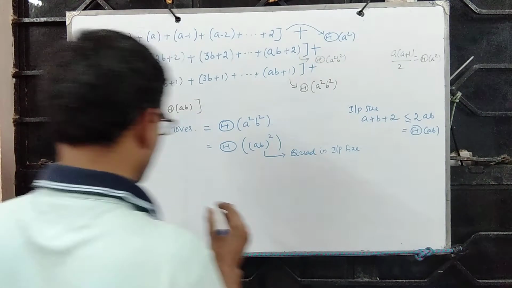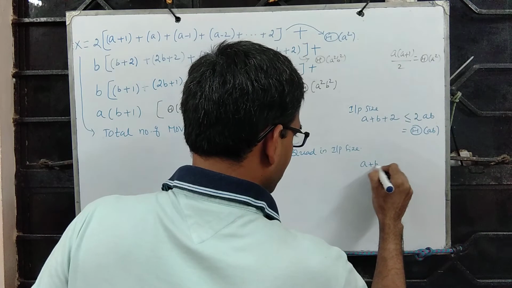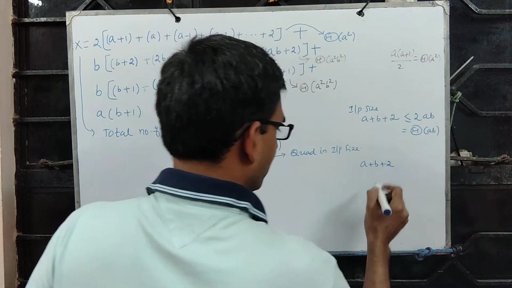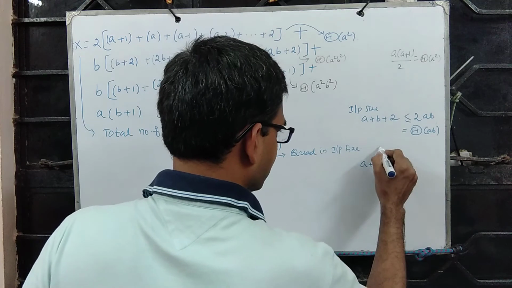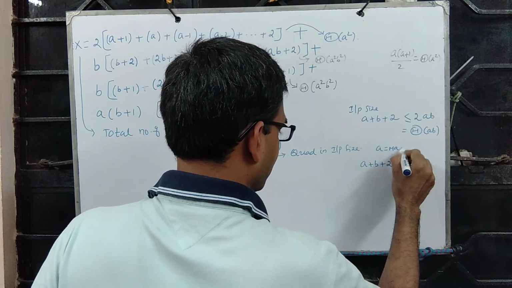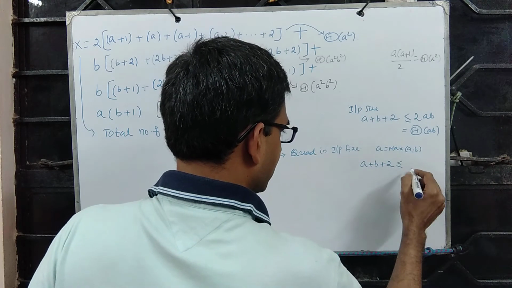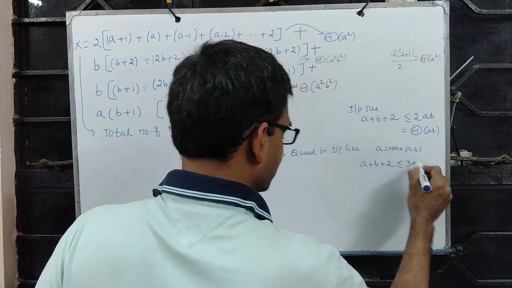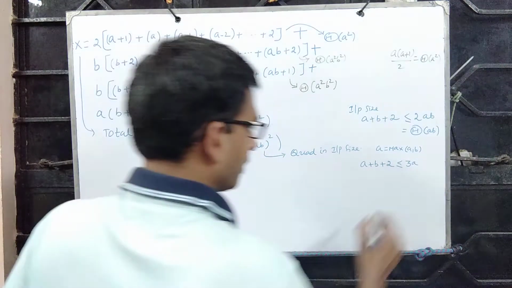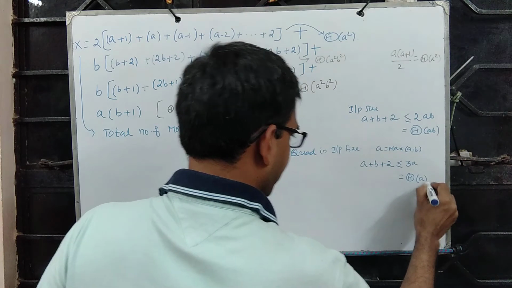You can appreciate now. For example, in this A plus B plus 2, one of them is bigger between A and B. Let's assume A is max of A comma B. Which means I can say this one is at most say 3 times A, which means this is theta of A.